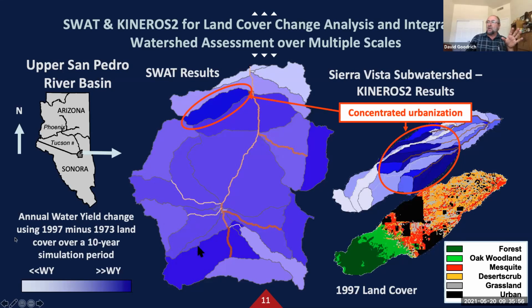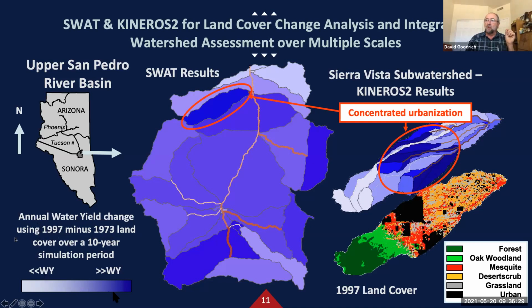So these big elements are elements for the SWAT model, as well as channel elements. And SWAT typically, again, runs and gives you things like annual water yield or seasonal water yield. So we're going to use a climate series over a 10-year period, and we're going to difference that model using the 1973 land cover and the 1997 land cover.